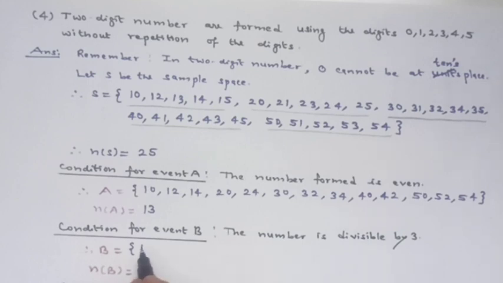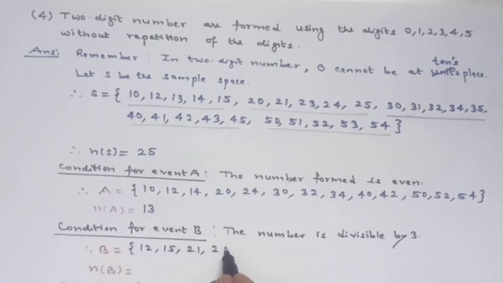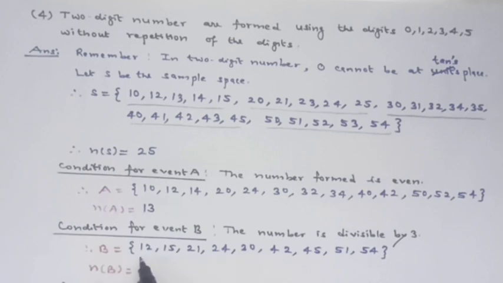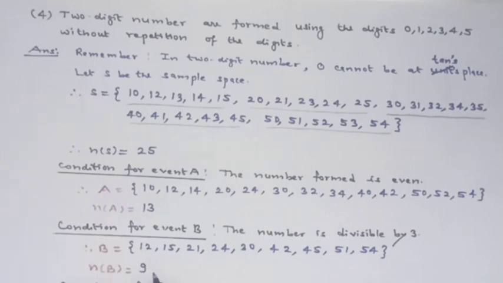So 12, 15, 21, 24, 30, 42, 45, 51 and 54. These are the numbers from sample space S which are divisible by 3. So 1, 2, 3, 4, 5, 6, 7, 8 and 9. So N will be 9.